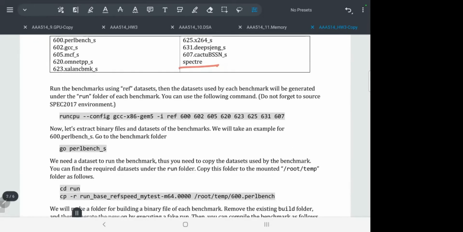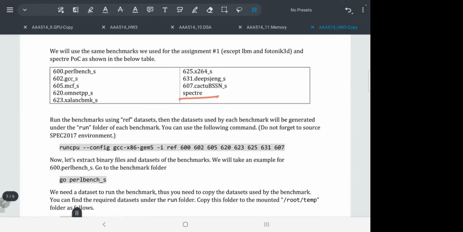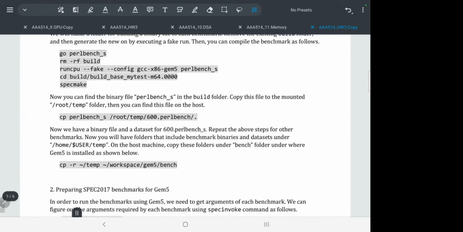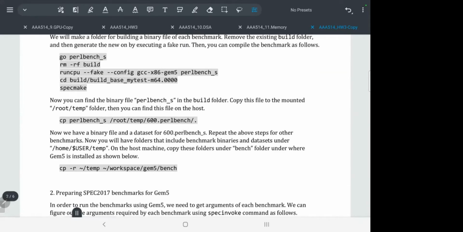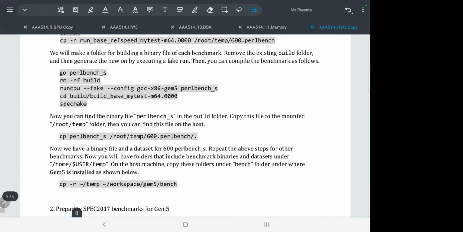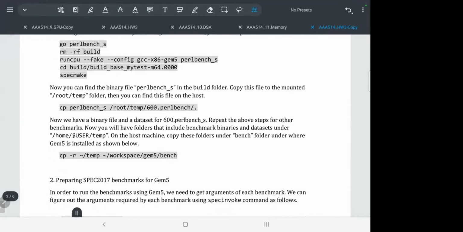So you can run these nine applications using gem5. I describe how to generate the binary files for running gem5. Also, in order to run these binary files, you need the data sets used by the applications, so you need to also copy the data sets to your host machine.